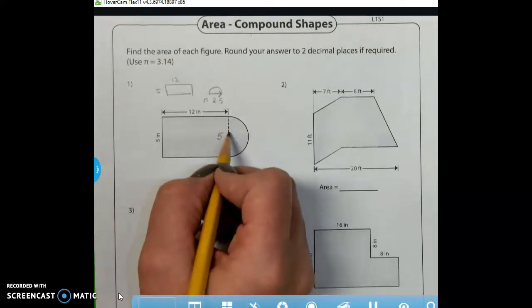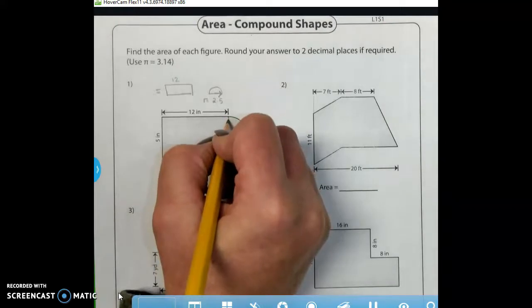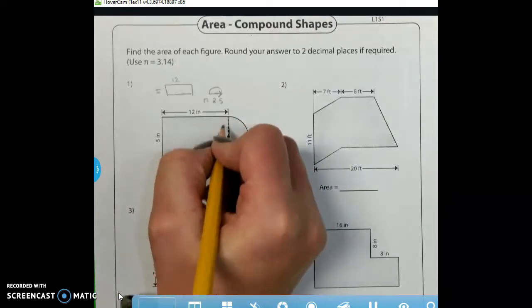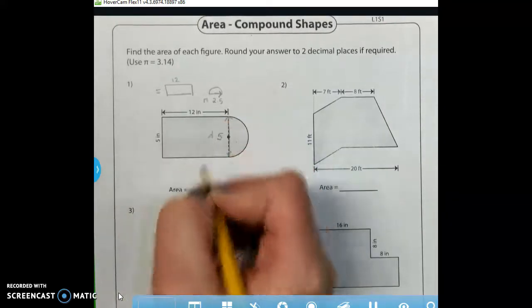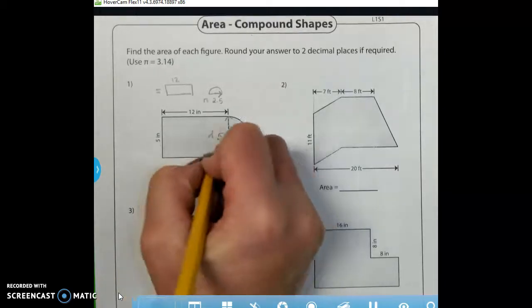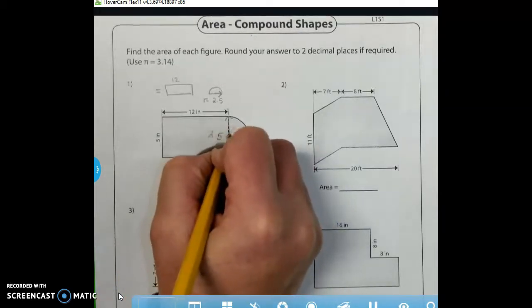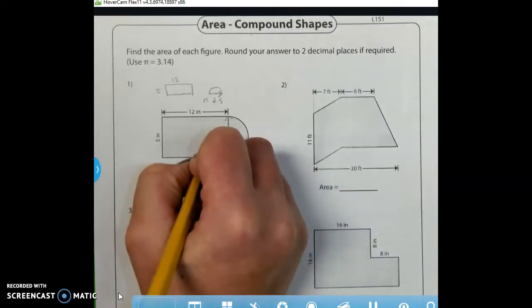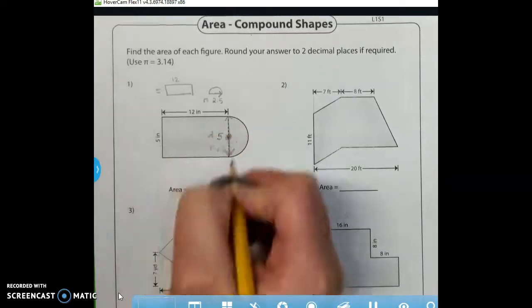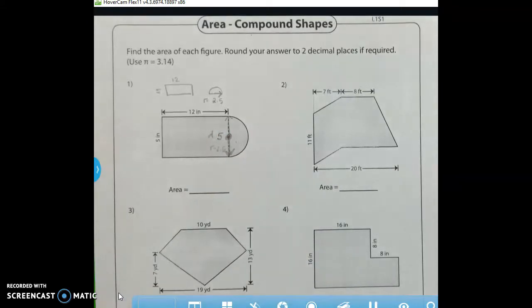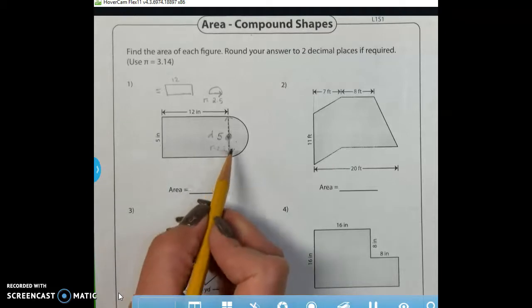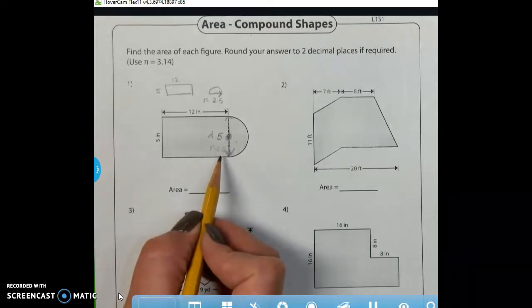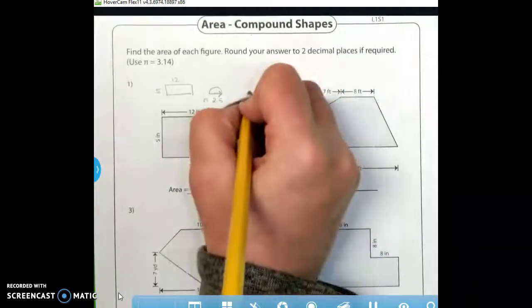So that means this measure is 5. Well, this measure represents the diameter for our semicircle, or this measure from the center to the edge right here would be the radius of 2.5 inches. Okay, so we have to really do a lot of deductive reasoning here. Where's the information coming from?